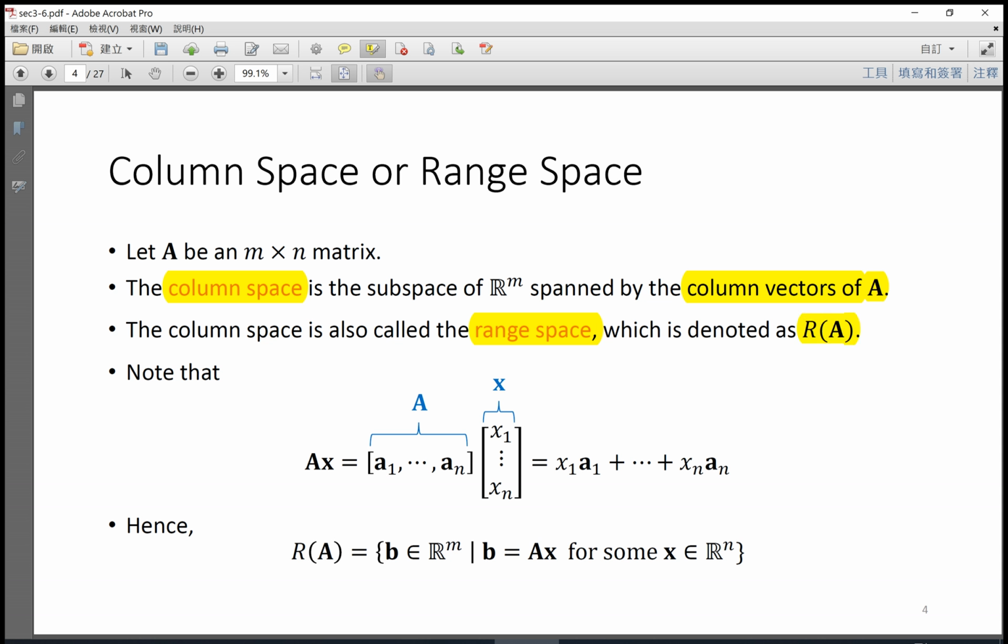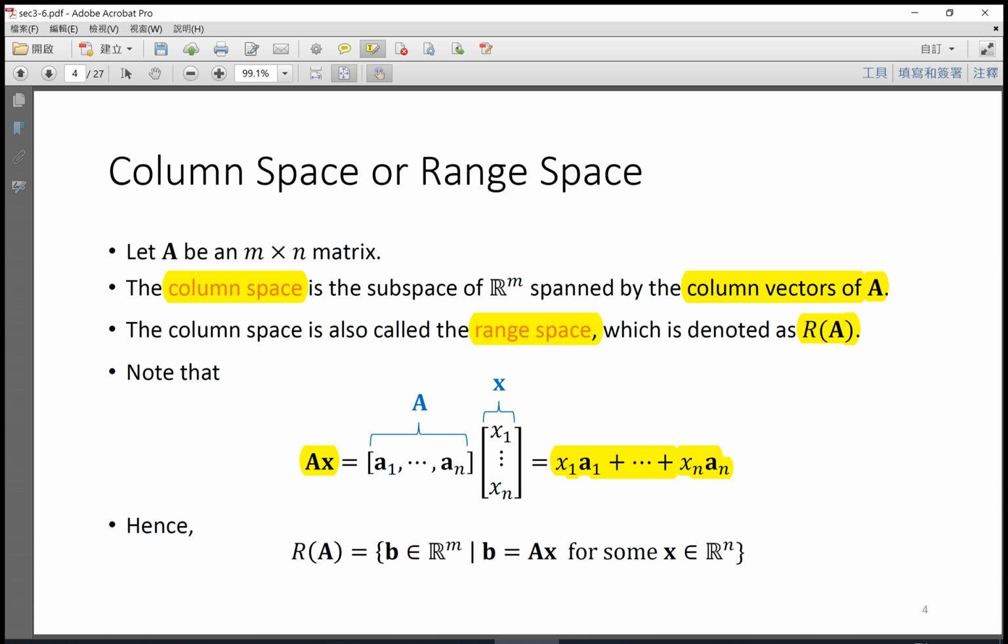We know that a linear combination of column vectors of A can be expressed as x1a1 plus x2a2 up to xnan. Here, a1, a2, up to an are column vectors of A, and x1, x2 to xn are the coefficients. So the term Ax is actually the linear combination of column vectors for some x.